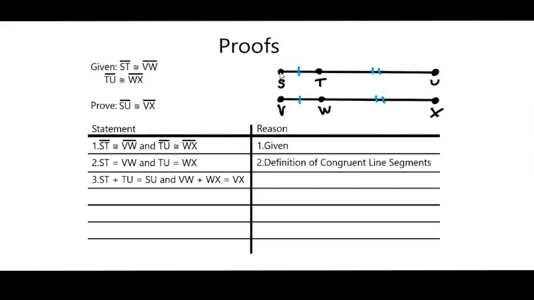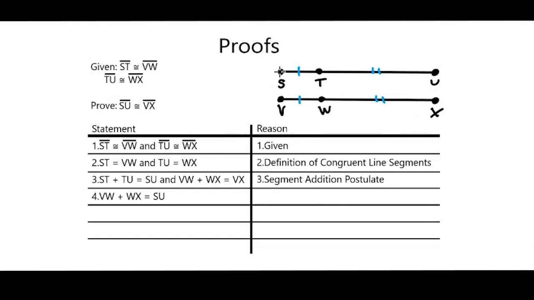Next, I can add ST plus TU, and that makes line segment SU. I can also add VW plus WX, and that makes line segment VX. And the reason for that is the segment addition postulate.